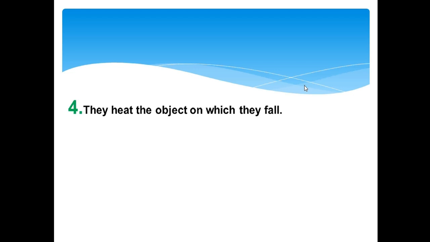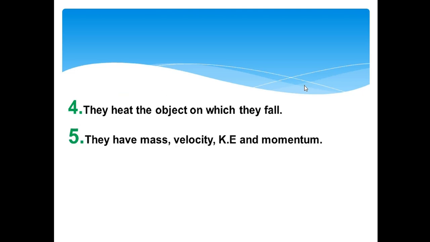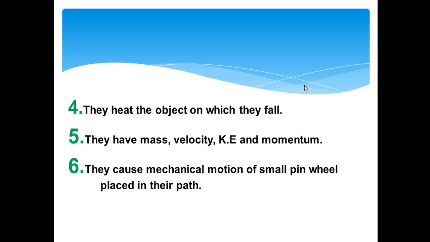Cathode rays heat the object on which they fall. The fifth property is cathode rays have mass, velocity, kinetic energy and momentum. They cause mechanical motion of a small pinwheel placed in their path.